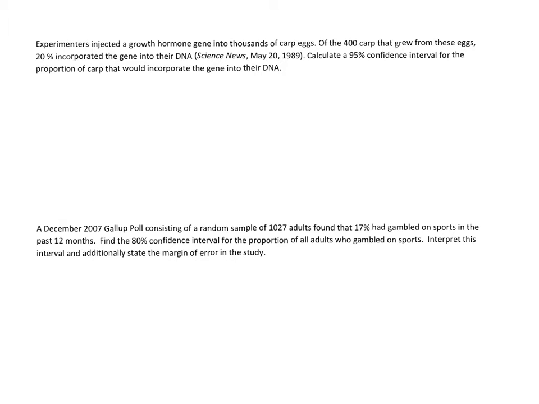So first we need to find our p hat, which is going to be our 0.20. And then n, which is going to be 400. Then remember our formula for confidence intervals.